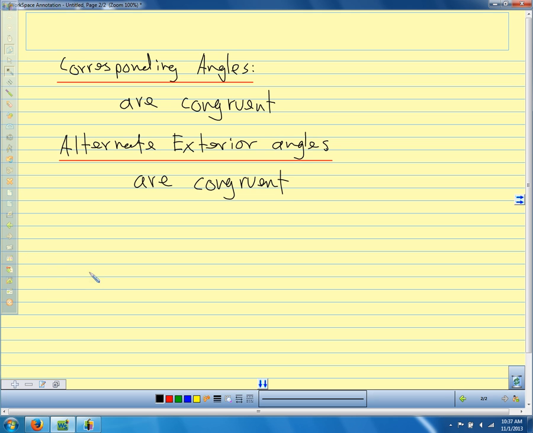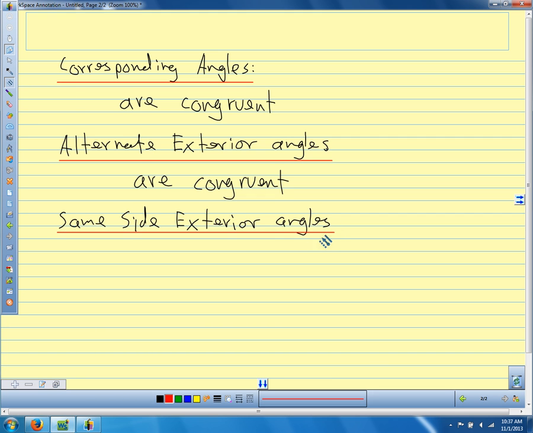And then finally, on the bottom right, same side exterior or consecutive exterior. Based on what we have said so far, what would you guess about those pairs of angles?